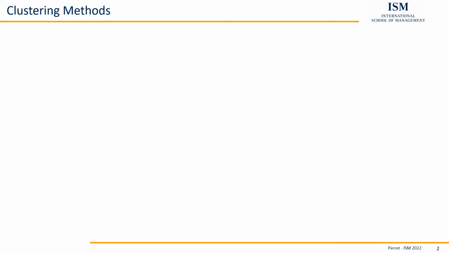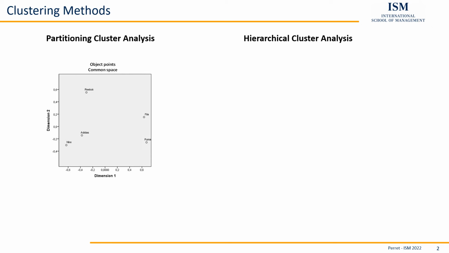With clustering approaches, we can differentiate very broadly between two approaches, meaning we have partitioning cluster analysis approaches and hierarchical. What's the real difference between these two? Well, with partitioning approaches, we assume our data set and we already know beforehand how many partitions, how many clusters we actually want to build.